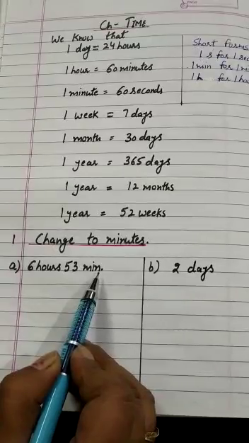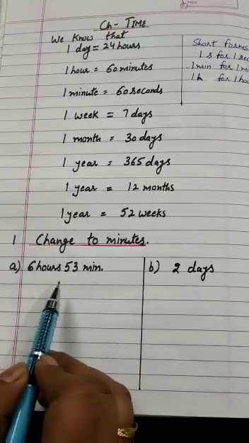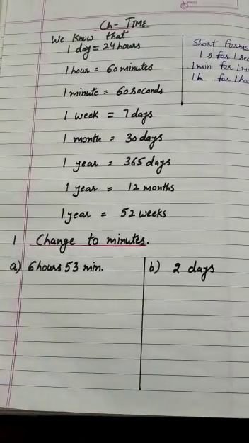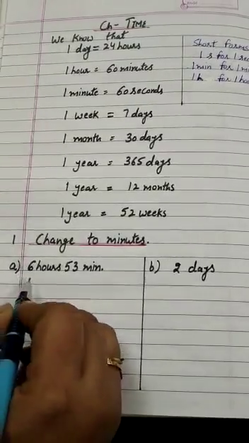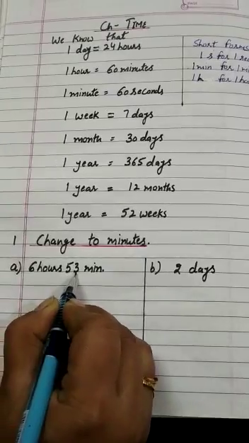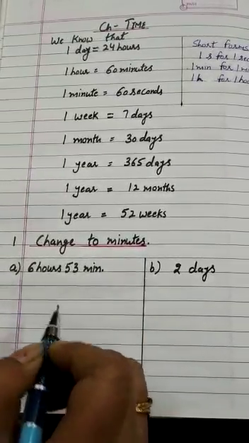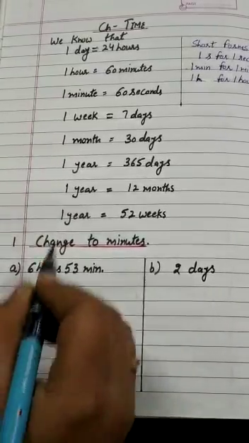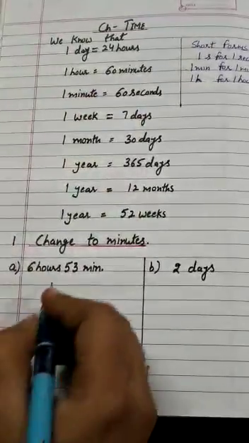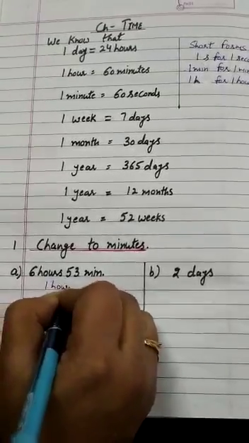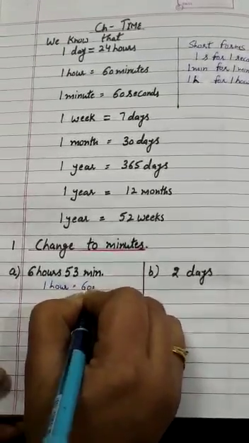Firstly, we convert hours into minutes and then add the given time. As we know, 1 hour equals how many minutes? That is 60 minutes.